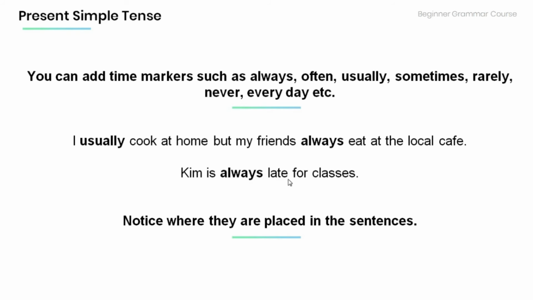Kim is always late for classes. Note that we place these time markers right before the verb: cook, usually cook, always eat, always late.